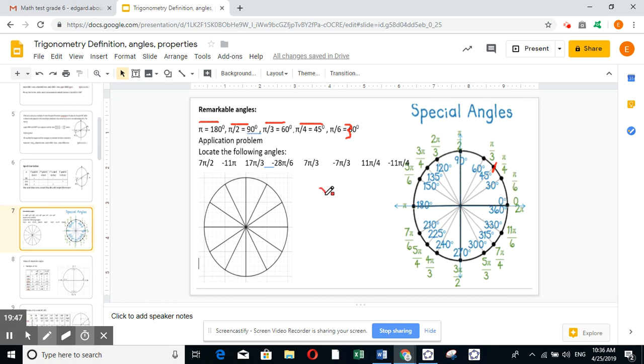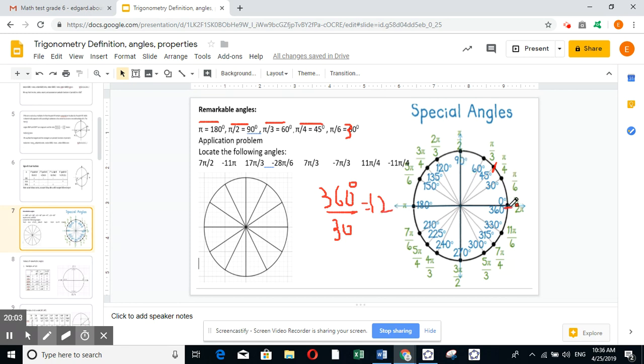If you divide 360 by 30, you're going to get 12. So we have 12, and in every 90 you have three 30s.